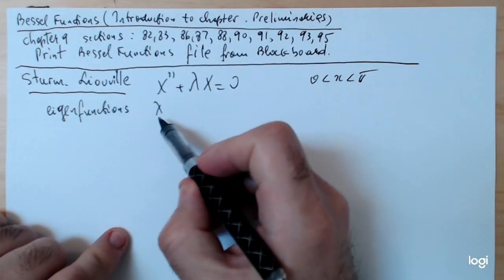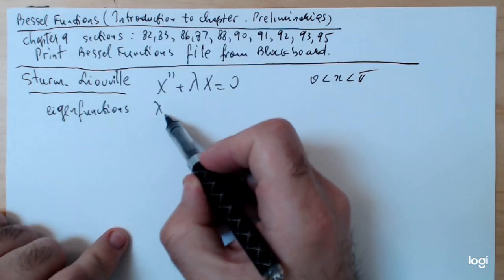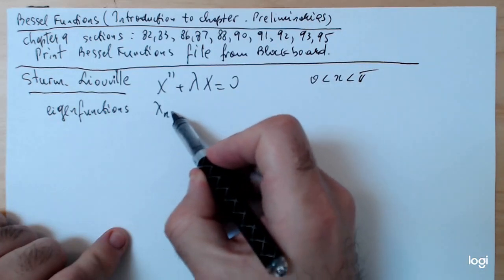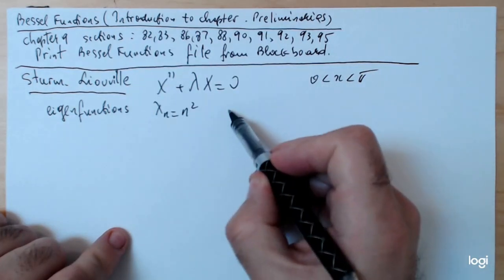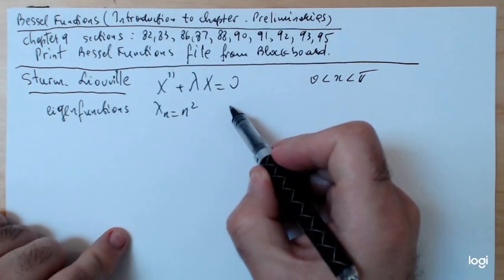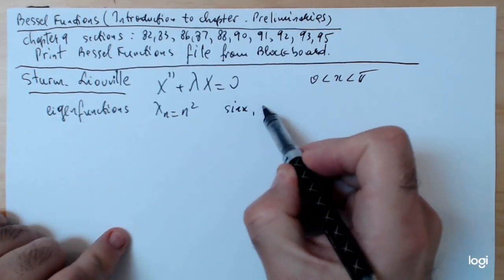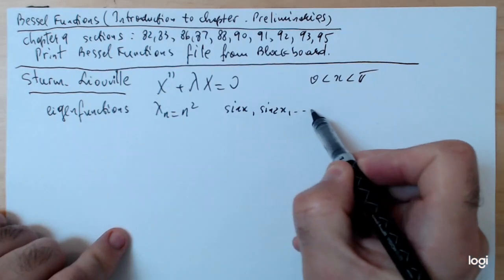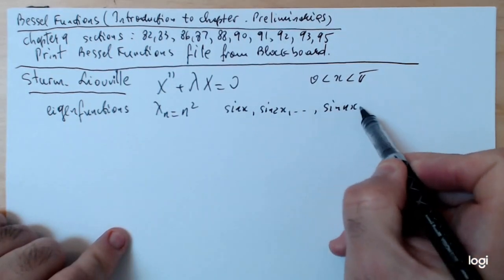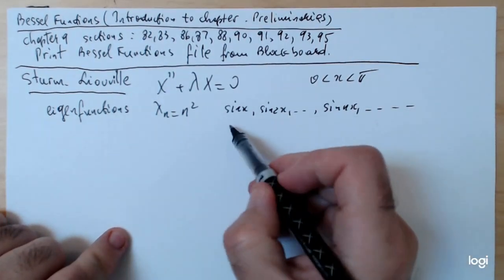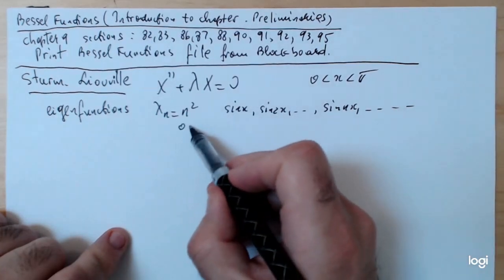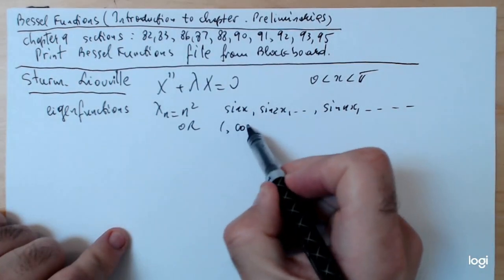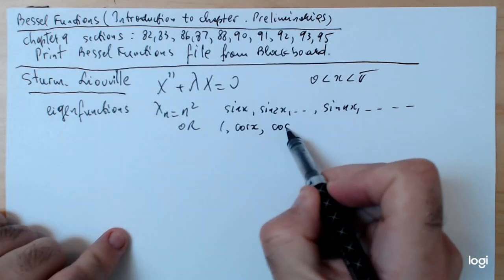So the eigenvalues were n squared, and the eigenfunctions were sine of x, sine of 2x, sine of nx, and so on. Or if you have other boundary conditions, you could have a family of cosine functions as the eigenfunctions.